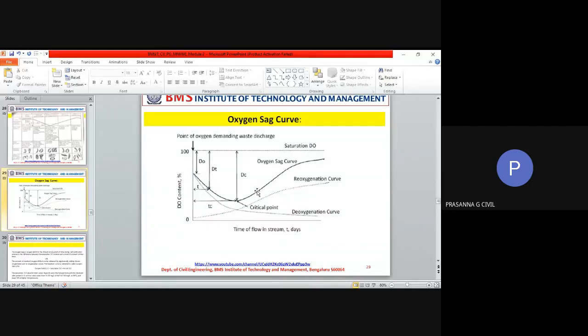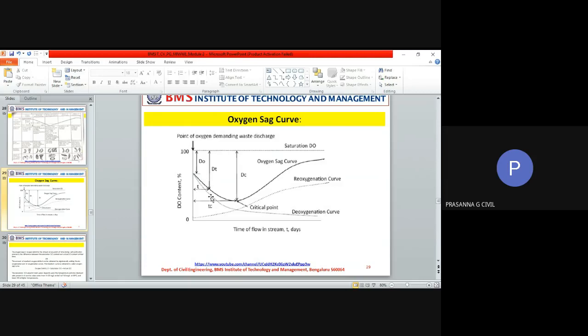This maximum deficit point is called the critical deficit, and we use DC for that. So that is the critical deficit point in the curve. Now you can see two other curves: again, your zone of recovery and then the clear water zone. So your graph is following the same pattern as what I was talking about in the zones of pollution.